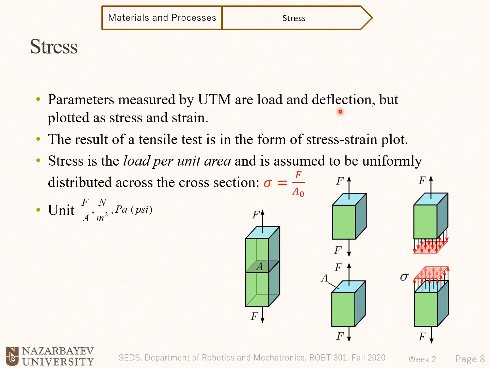Stress is the load per unit area, and is assumed to be uniformly distributed across the cross section. Sigma is the symbol we use across this book for stress. So sigma represents stress and is equal to the force, which is the tensile force, divided by the cross-sectional area.